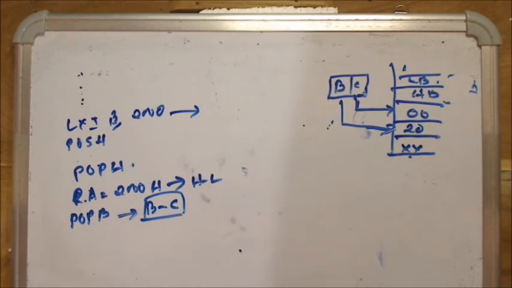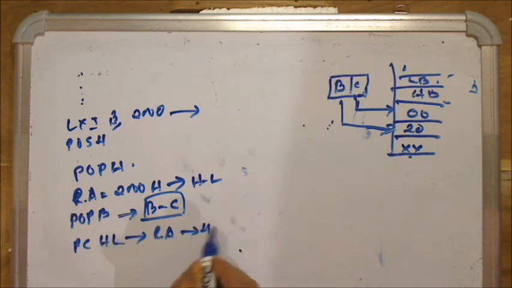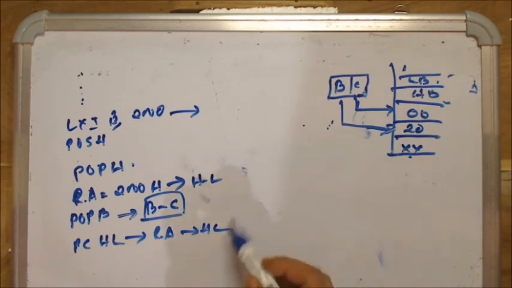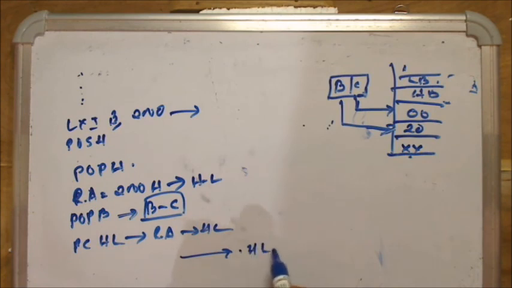PCHL will get the return address from the HL pair, and it will come back to the main program, that is HALT.